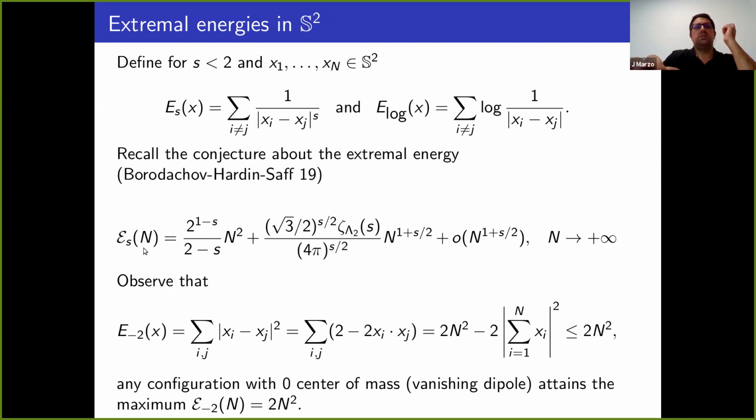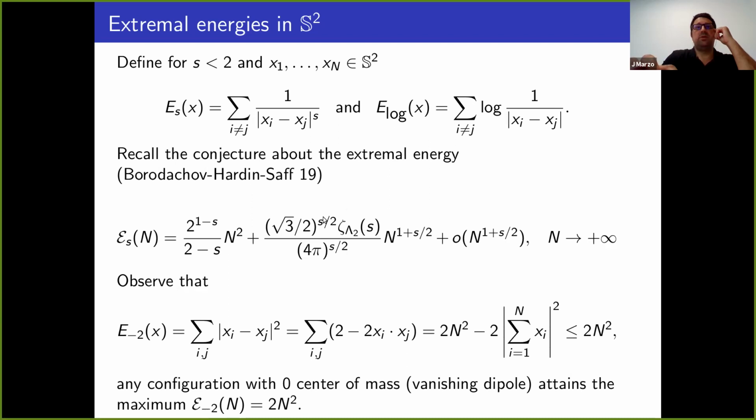What is known, I think, is that this minus this first term is bounded above by some negative constant times n to this power, and it's also bounded below by another negative constant times this value. But I think that by now we're still far from this conjecture. But this is the value that is supposed to be the right one.